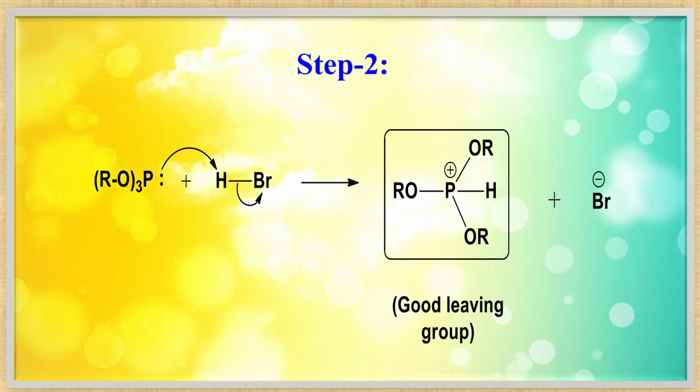So, once the good leaving group is formed, meaning the oxygen and phosphorus bond, the bromide ion attacks in this way. The alkyl group and the phosphorus oxygen part are removed, because the phosphorus oxygen bond is very stable. So, they form P double bond O and the compound becomes RBr.